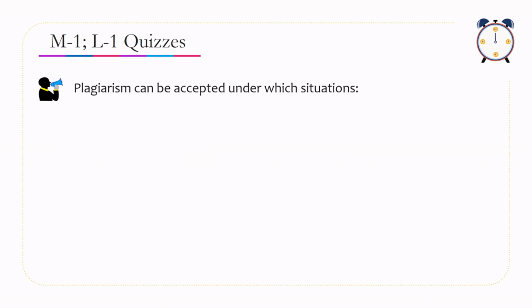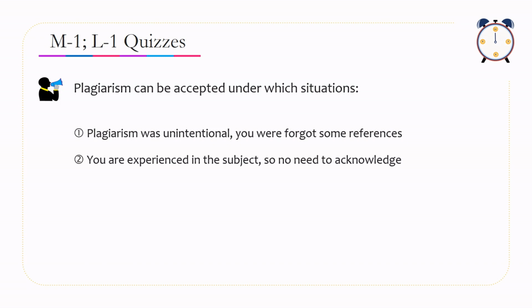Next question. Plagiarism can be accepted under which situations? The options are 1. Plagiarism was unintentional, you forgot some references. 2. You are experienced in the subject, so no need to acknowledge. 3. You are better at plagiarizing the contents. 4. None of the above. Your time starts. Which one is right?